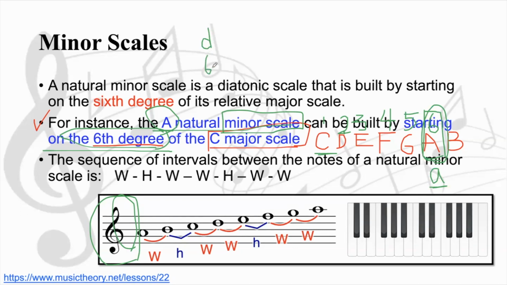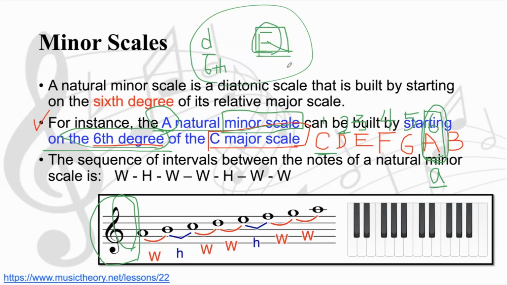If D minor is the sixth degree of a major scale, then this one will be F. Yes. So they will be the same: D minor and F major will be the same.